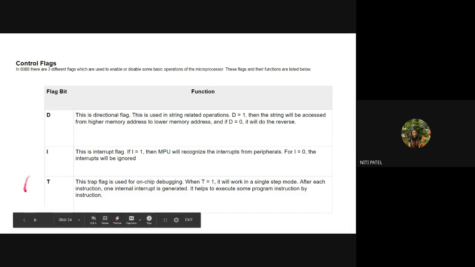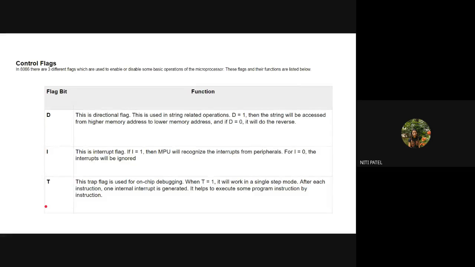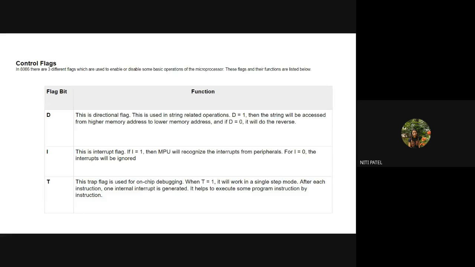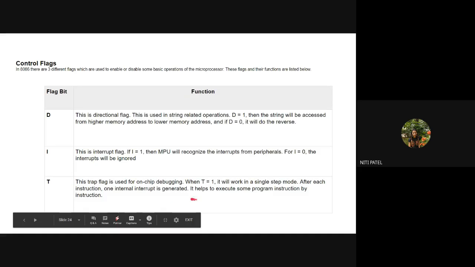So what is this T? T is nothing but the trap. It is an interrupt with the highest priority. Among the interrupts in 8086, the trap is one of the interrupts, and that interrupt is of the highest priority. So whenever that interrupt comes in between your execution, you have to compulsorily stop your execution and take that interrupt. But what is that interrupt talking about? It is talking about debugging.